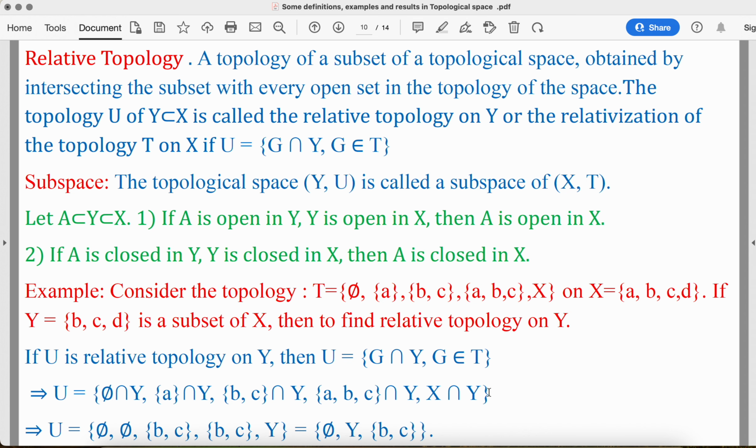And X intersection Y is BCD, which is Y. X is ABCD, Y is BCD, so X intersection Y is Y. Because phi is repeating here and BC is repeating here, the relative topology on Y is the set consisting of phi, Y and BC.